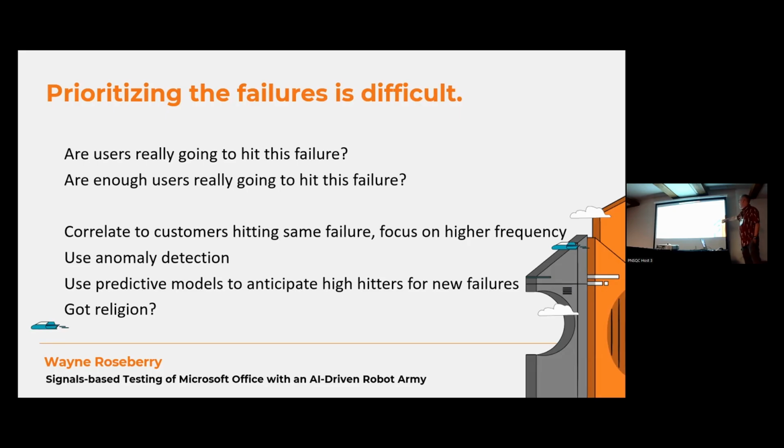That was cool. Office has a whole data team that does anomaly detection to help them prioritize rising failures in production, and to some degree the anomaly detection engine helped us make a case for bugs.